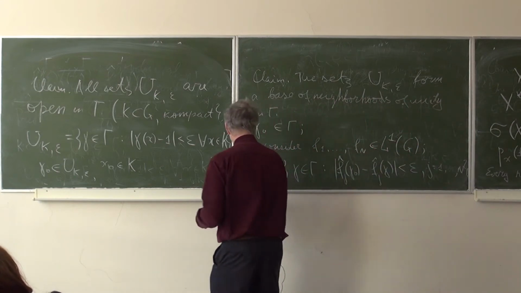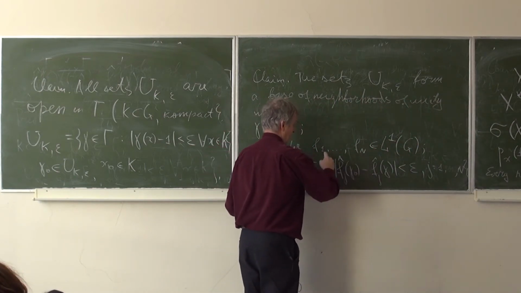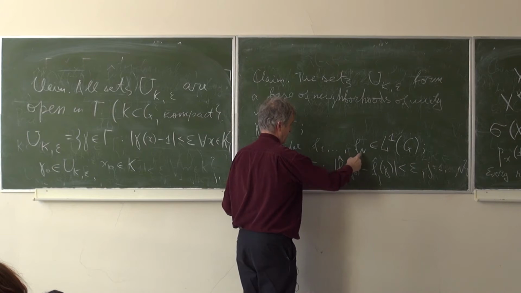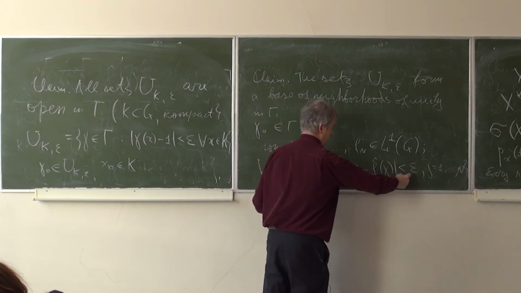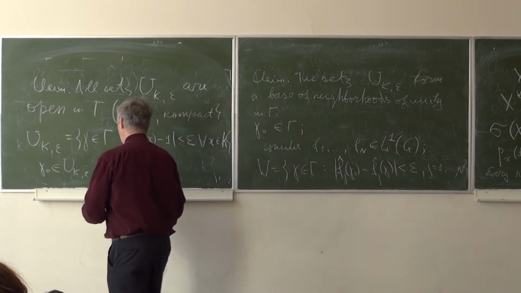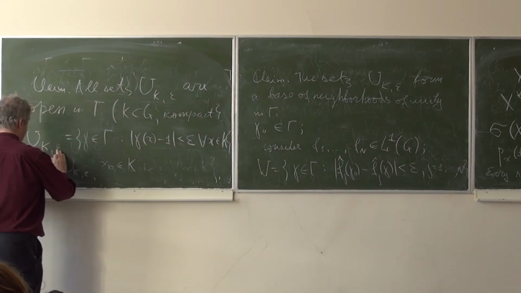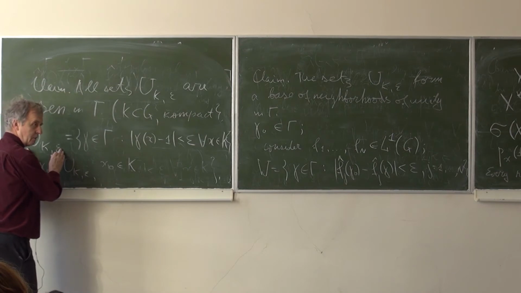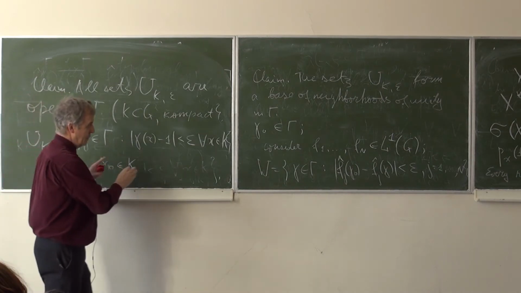For any gamma naught and any functions f1 and so on, fn in L1 and any epsilon, we must find a set of this form, with probably different epsilon, which is included in this.